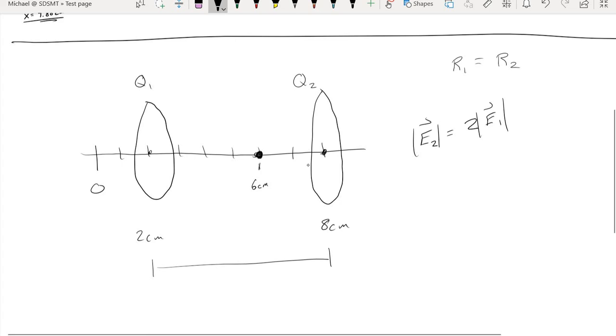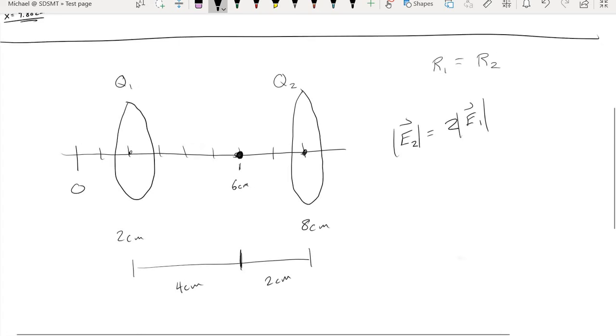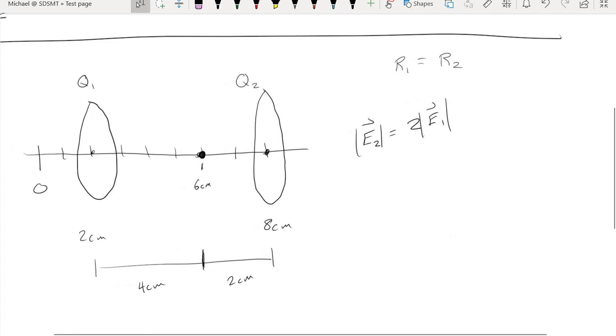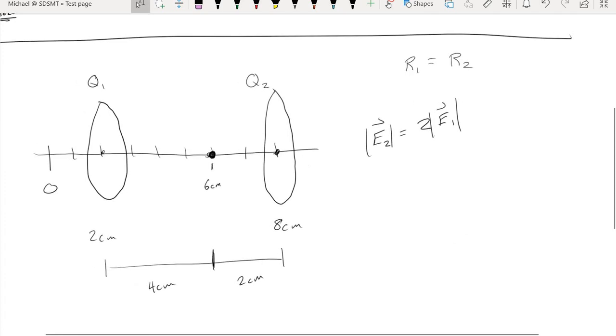So when we look at that 6 centimeter mark, ring 2 is 2 centimeters away and ring 1 is 4 centimeters away. And since we know what the ratio of these two are going to be, we can now start putting together some math.